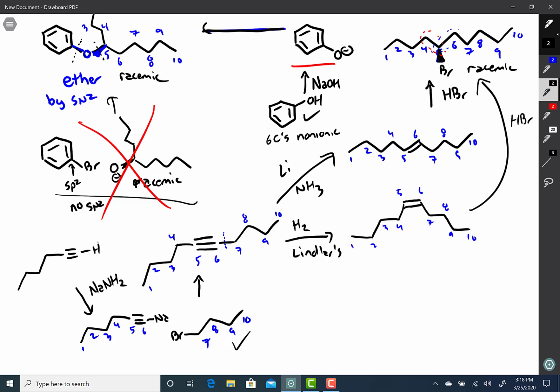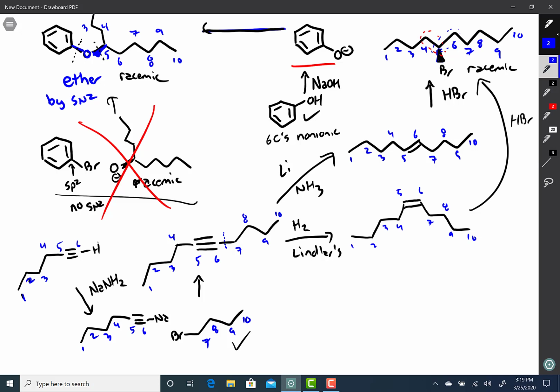It just deprotonates oxygens and nitrogens and sulfurs. It doesn't deprotonate carbons. And that gives that there. That has 6 carbons. It's non-ionic. You don't have to make it. That's one way of making this alkyne.